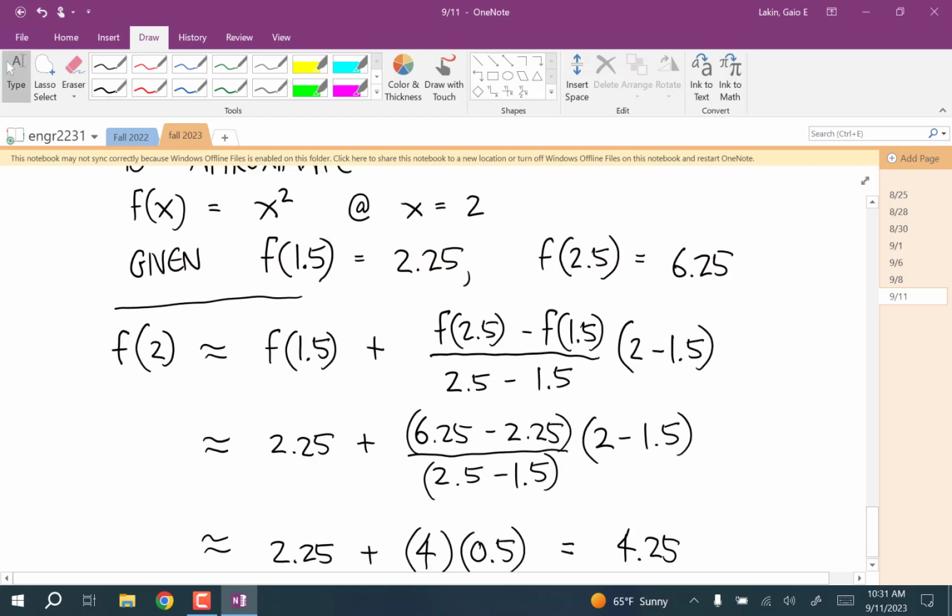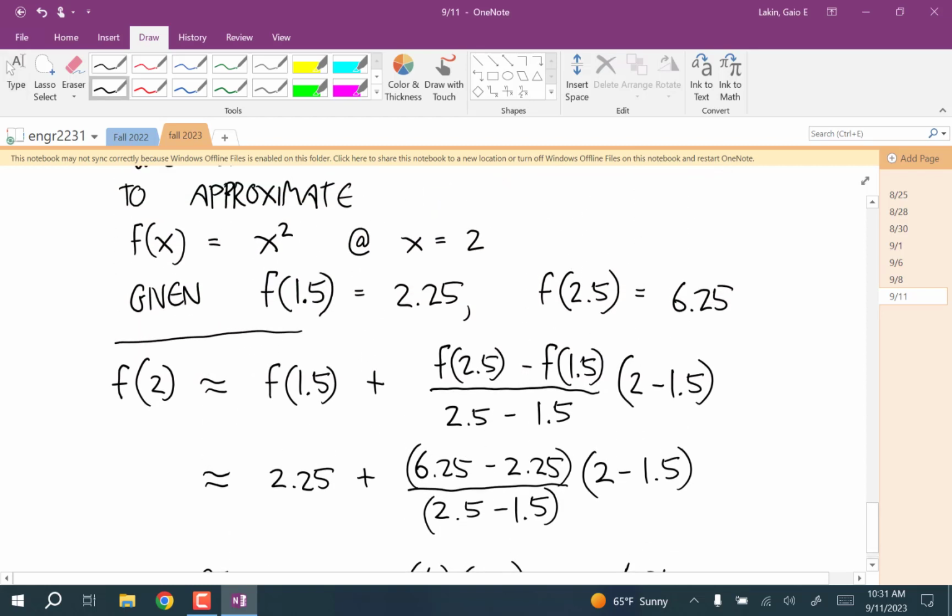And what would happen if we did it instead based on F at 1.9 and F at 2.1? Most of the time you can expect that to be a better approximation. And in the limit, as you go to shrinking down, it has to approach the right value.